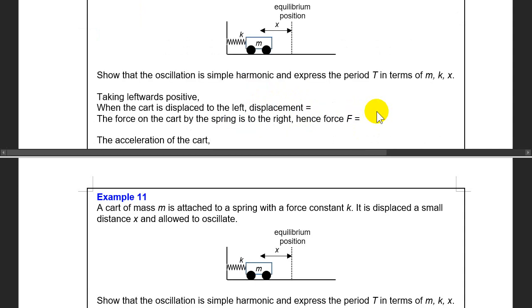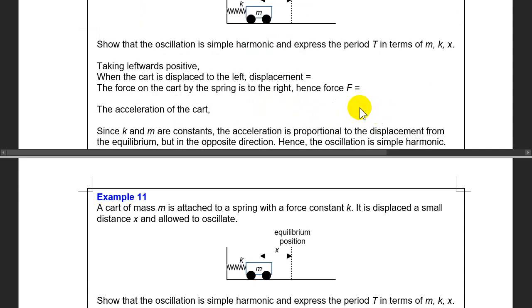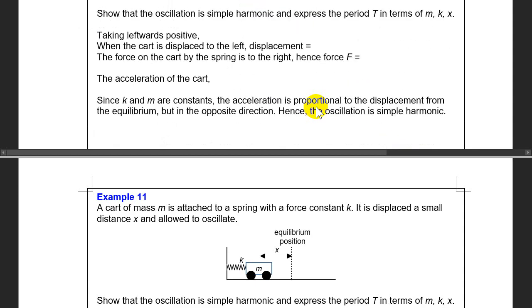What follows here is actually part of the solutions. So remember, our first step is to figure out the net force acting on the cart. Then from the net force, we'll deduce the formula for the acceleration and show that the acceleration is proportional to and the negative of x.